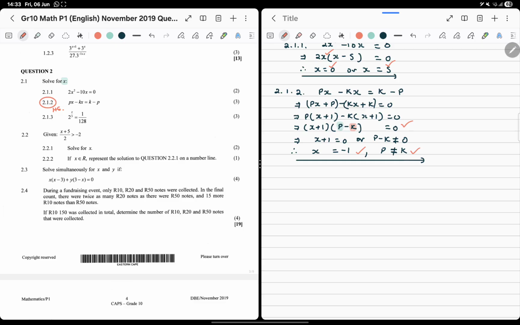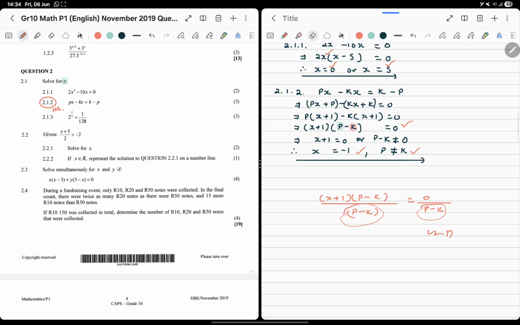If these are constants, it means we would have x plus 1 into p minus k, then we divide by p minus k, equal to 0 divided by p minus k. Now if this thing is 0, this means this would be 0. Now division by 0 is undefined. Can you see that? Even here it would be undefined.